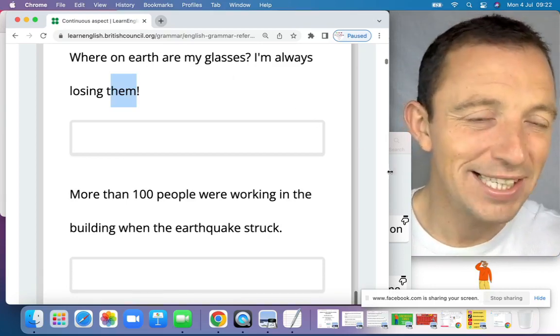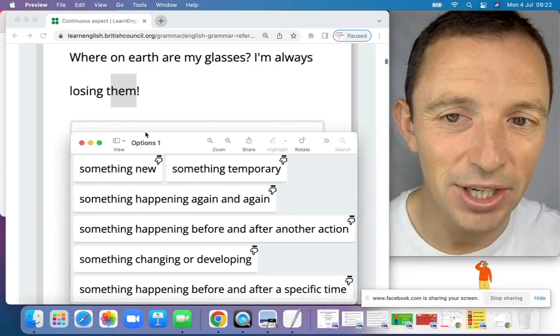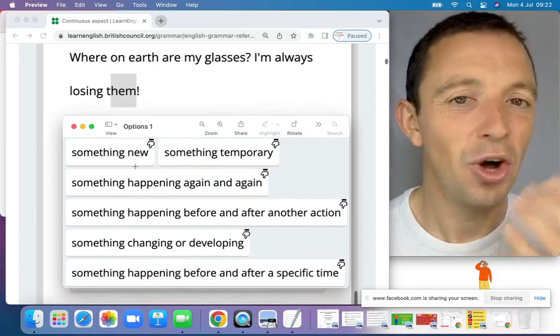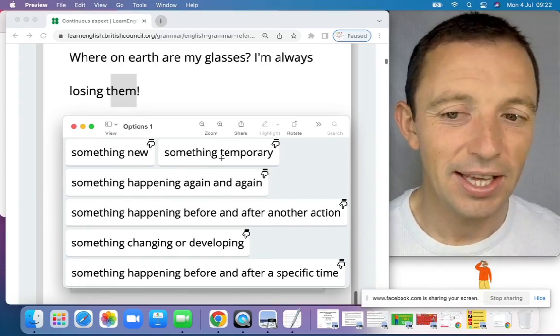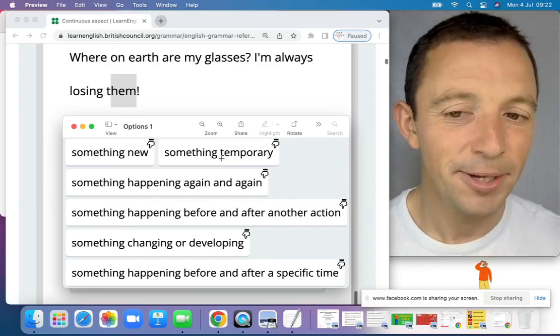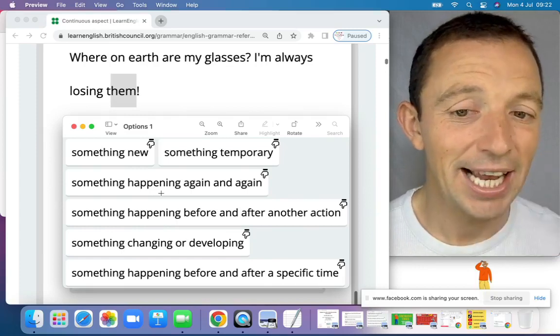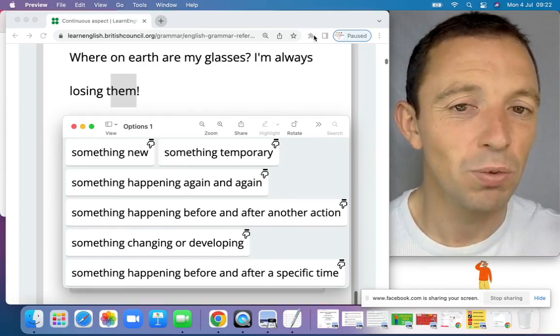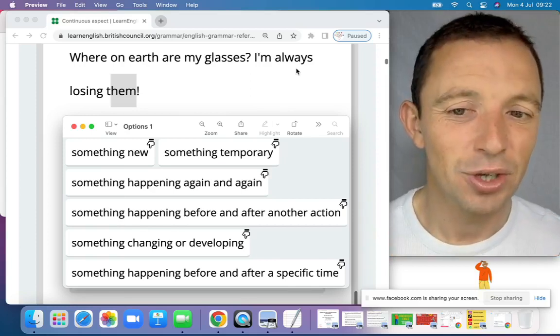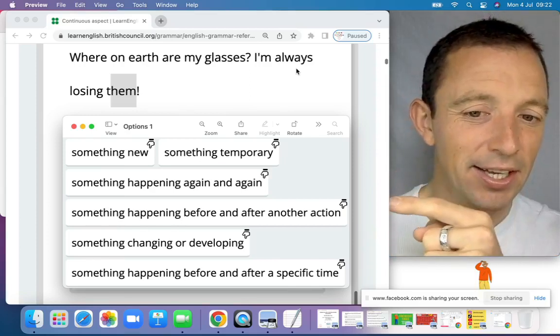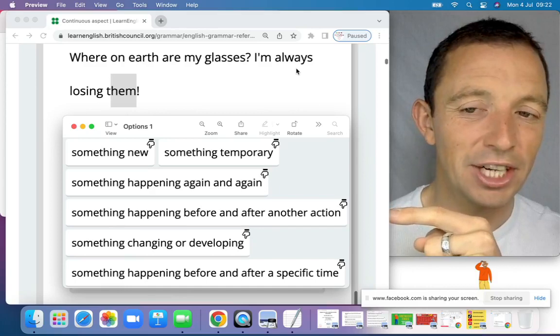Okay, so what is the situation here? Is this something new? No, because you're always doing it. Is it something temporary? No, because you do it regularly. Is it something happening again and again? Yes, because of the word always, happening again and again and again. So this is definitely a possibility. Something happening before and after another action?